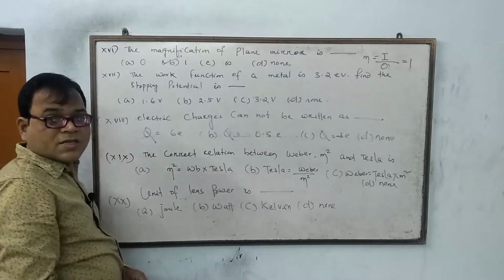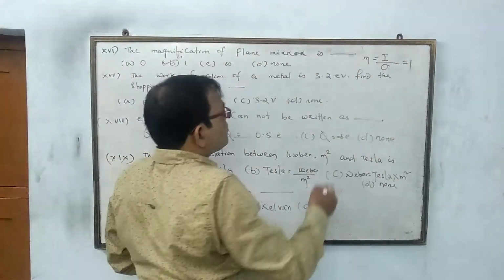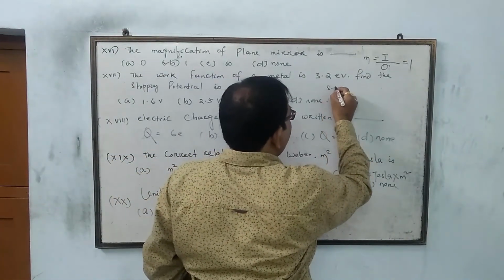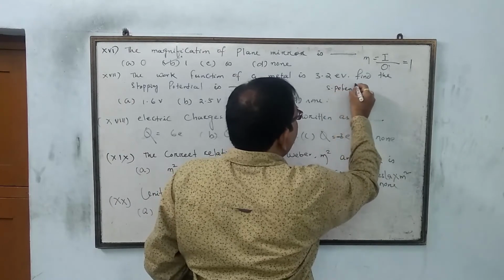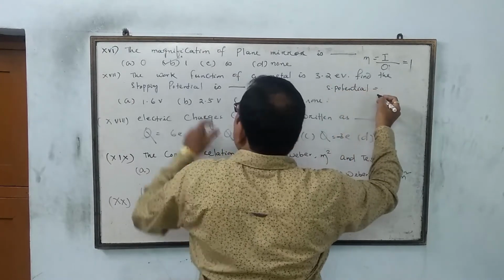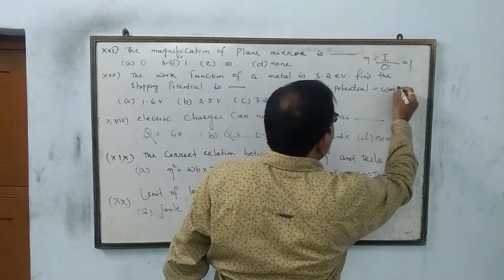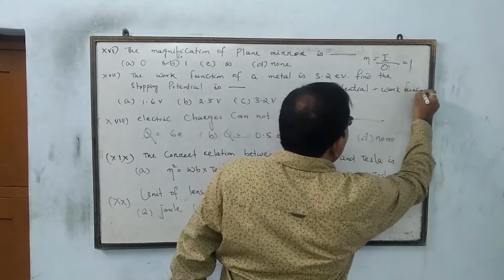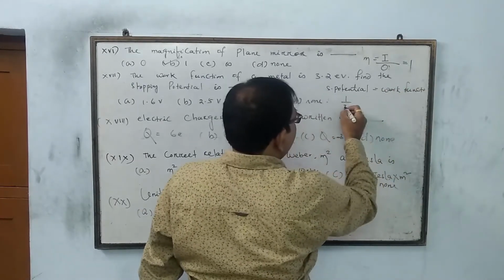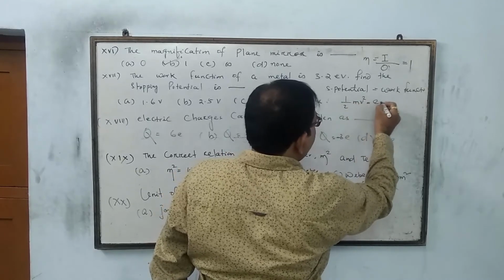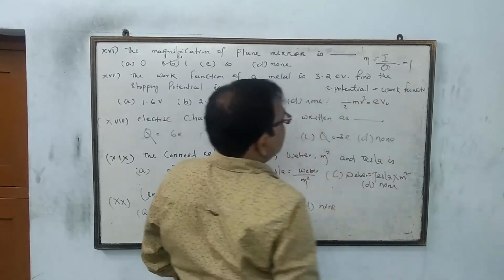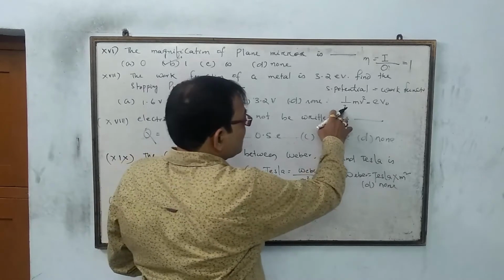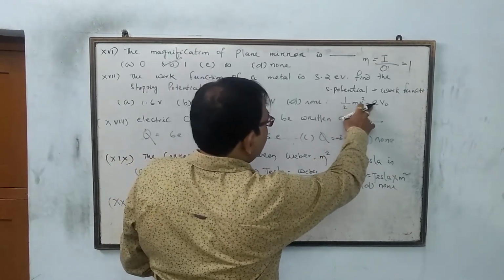The work function of a metal is 3.2 electron volts. Find the stopping potential. Stopping potential is equal to work function divided by charge. How do we get it? Half mv square equal to e into V naught, where V naught stands for stopping potential. So V naught is half mv square divided by e.